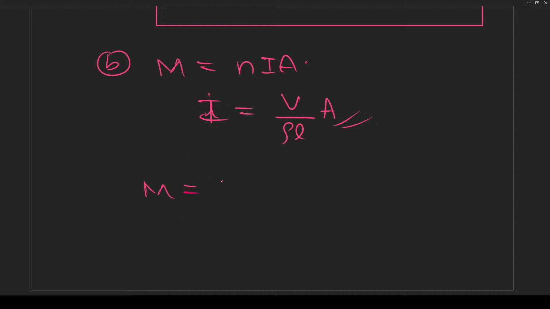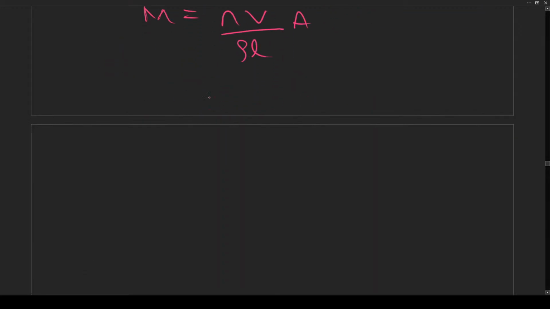So M is equal to n times V by rho L times A, where length is n times 2 pi r.